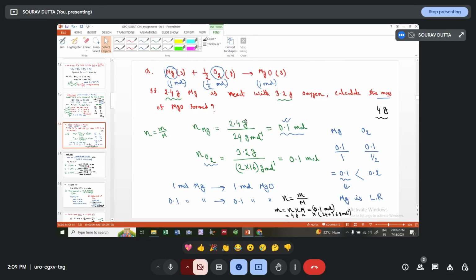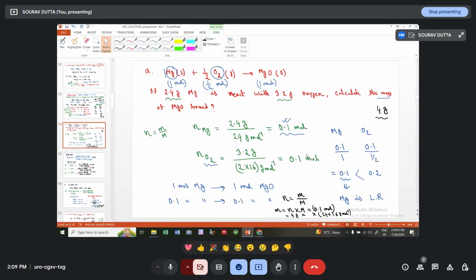So 2.4 gram magnesium: the atomic mass of magnesium is 24, so 2.4 divided by 24 equals 0.1 mole. In case of oxygen, 3.2 gram oxygen means 3.2 divided by its molecular mass, 2 into 16. Okay, so there it is O2, not an oxygen atom, the oxygen molecule.